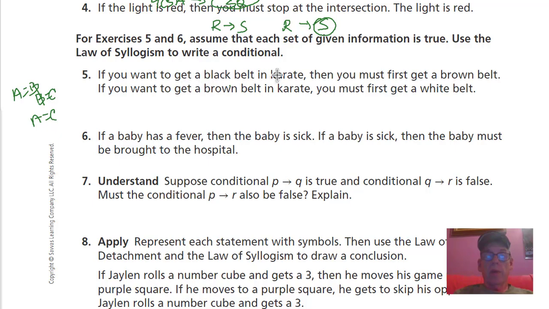If you want to get a black belt in karate, but first you have to get a brown belt. If you want to get a brown belt, you have to get a white belt. So let's see what this says. Black belt requires brown belt.